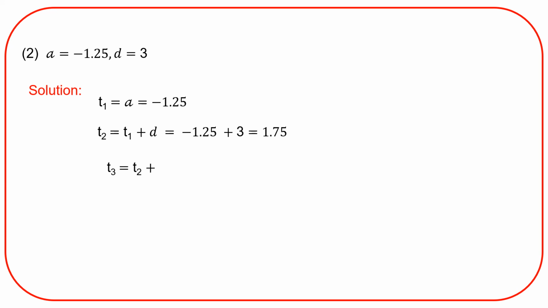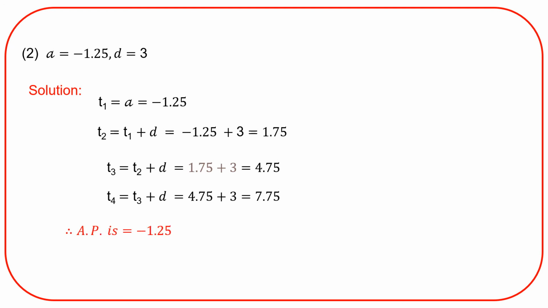T3 is equal to T2 plus D. 1.75 plus 3 is equal to 4.75. T4 is equal to T3 plus D. 4.75 plus 3 is equal to 7.75.